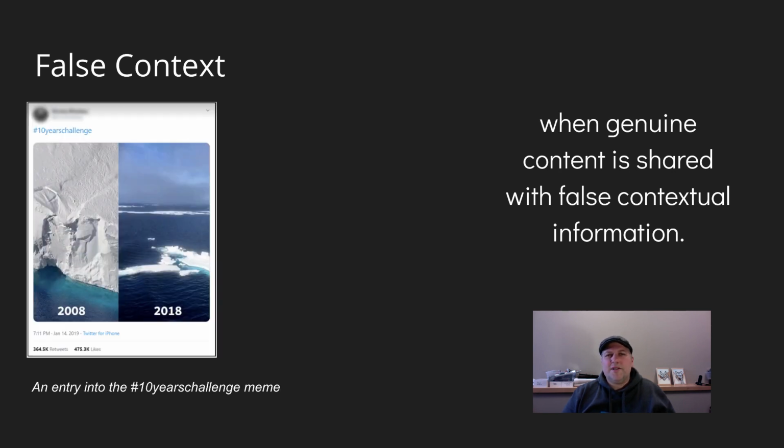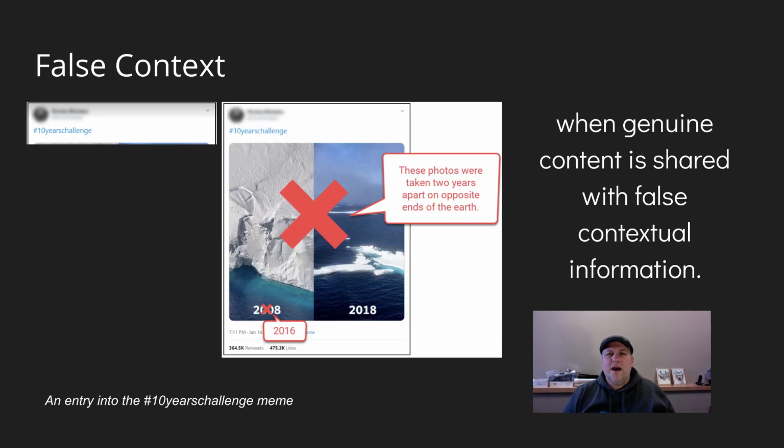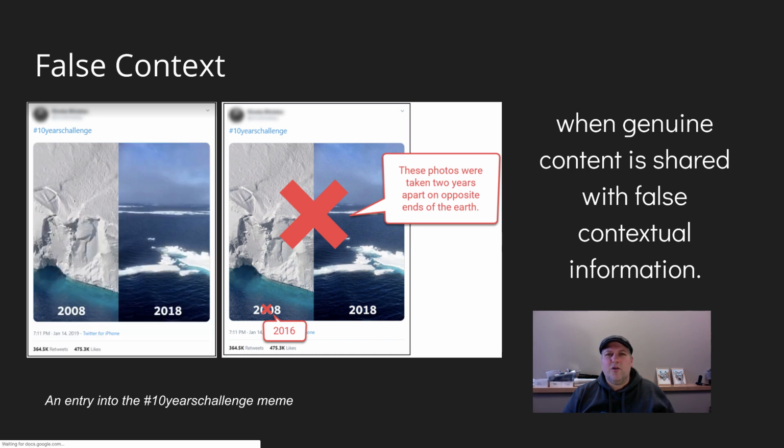Staying on the climate change front, here is a photo of a glacier from 2008 with what is apparently a side-by-side of it again in 2018. It's an alarming photo, at least it would be if it were taken in the same location. But a deeper dive reveals that the pictures were actually taken 2 years apart and at opposite ends of the globe.